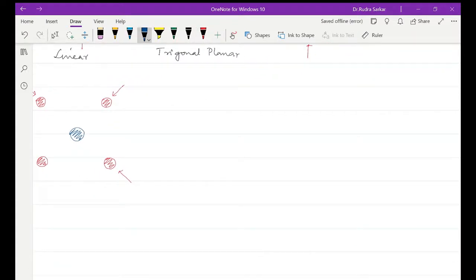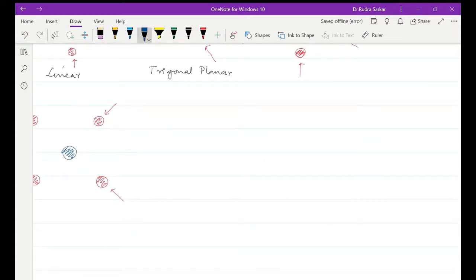Or we can say they are coming along the vertices of a trigonal bipyramid in this manner.